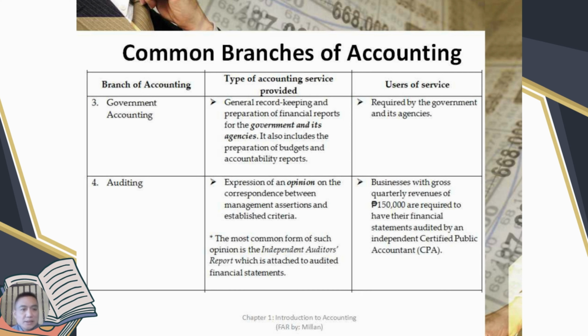They're coming from external, which you hired, like for example, accountants coming from SGV and other accounting firms.